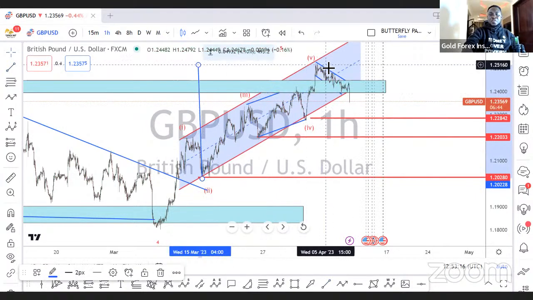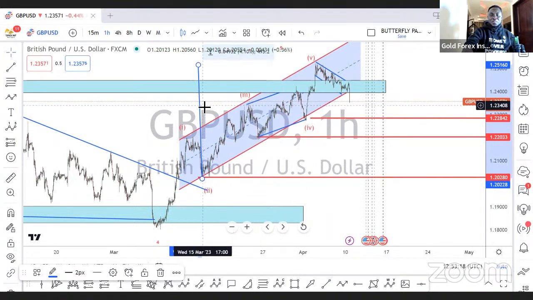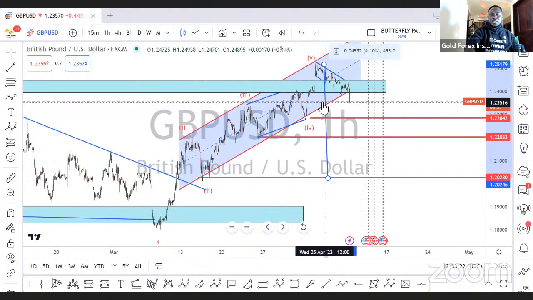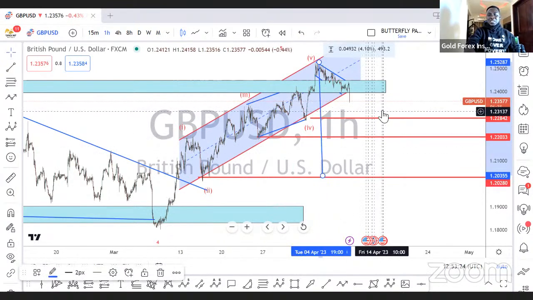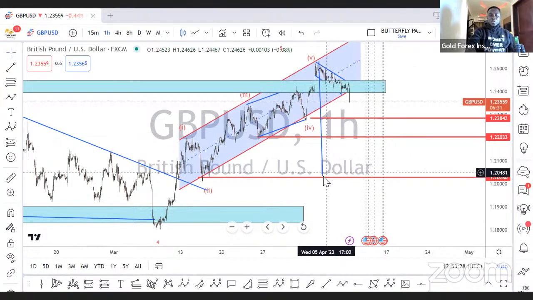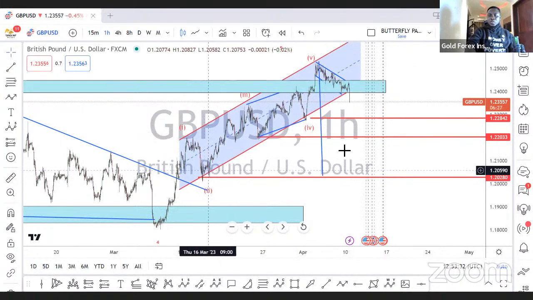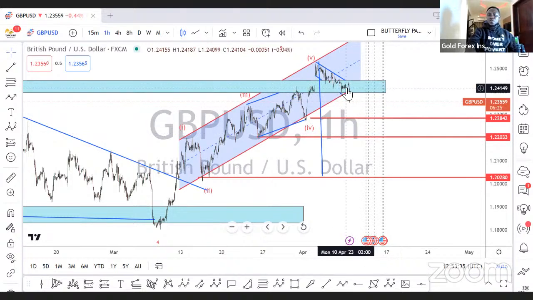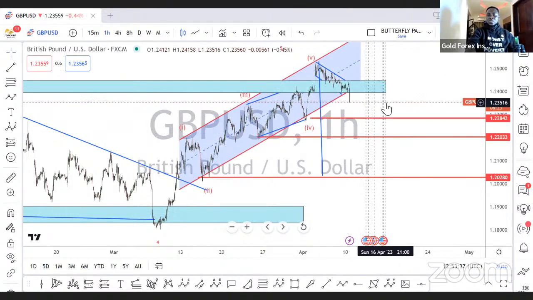Now, when it's moving, to move at a faster pace at wave 5, and make sure you bring it this way. So that means I'm expecting pound USD to drop all the way from the top to this level, which is this point. So all what I'll be looking out for is a sell on pound USD.